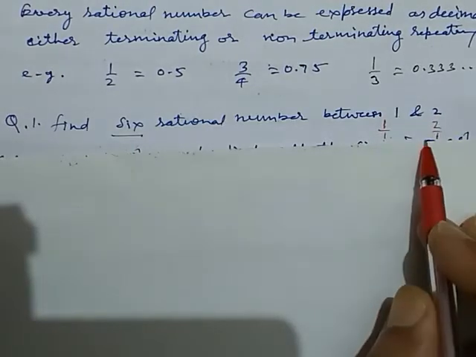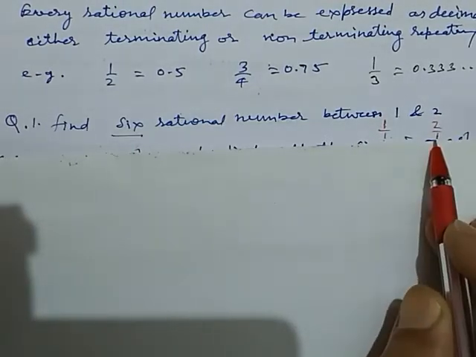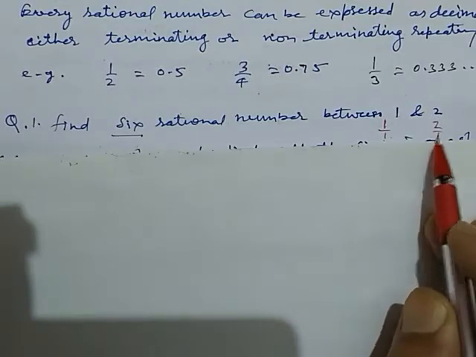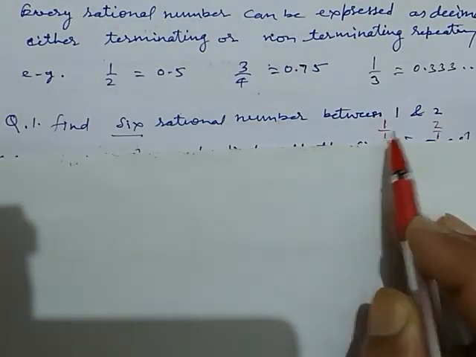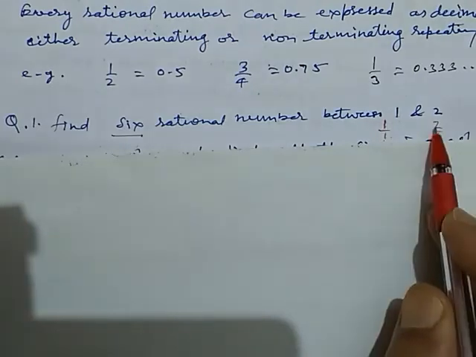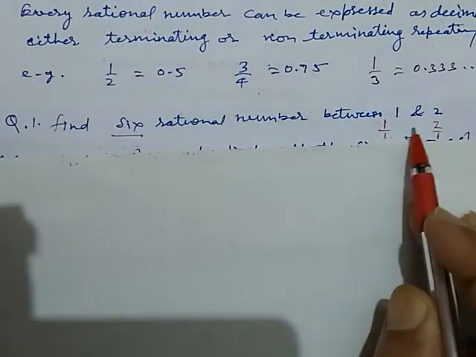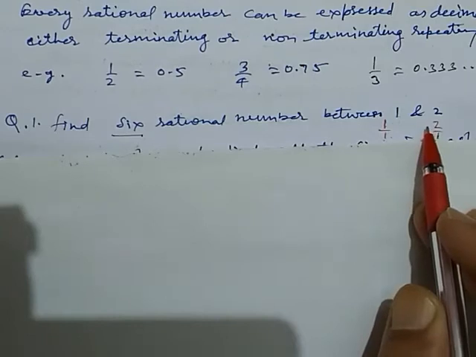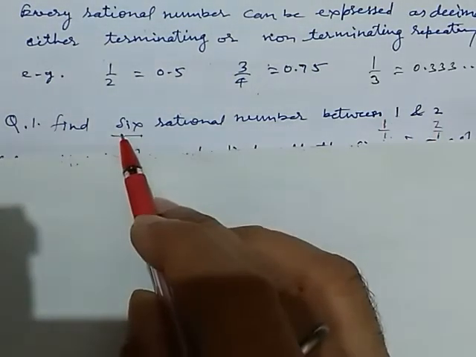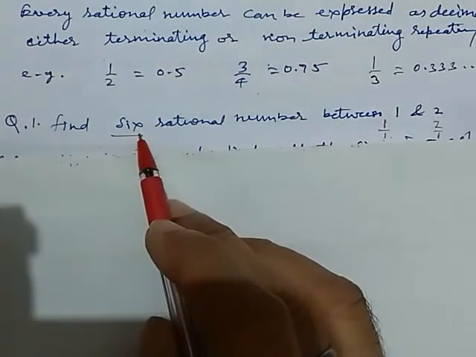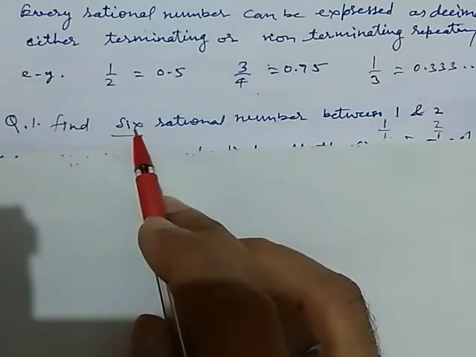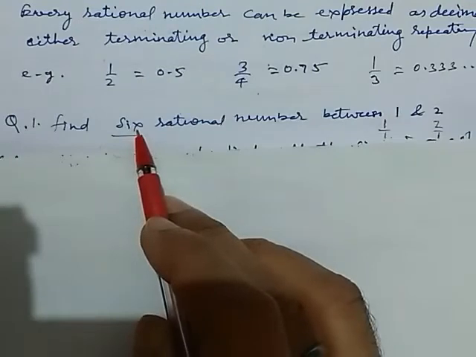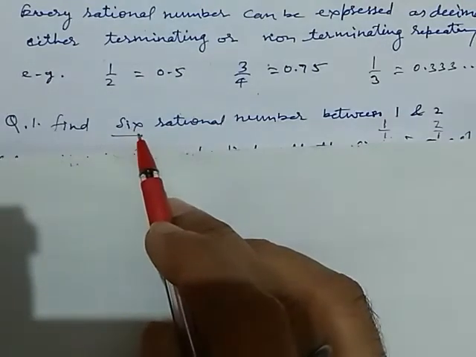The denominators of these two are equal. Now we insert 6 rational numbers between them. How many numbers do we have to find? We just take one more, 6 plus 1, one extra.